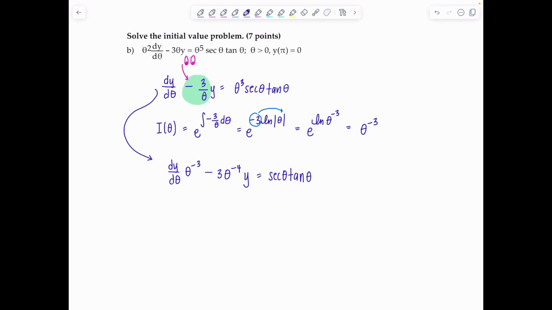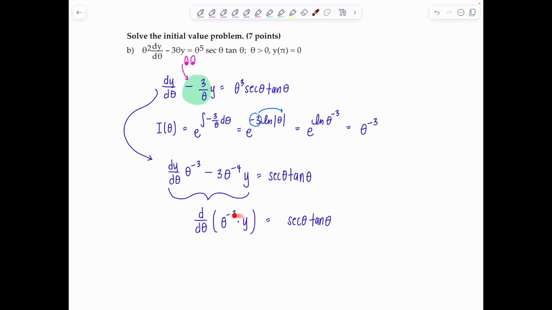Okay, as long as you've gone through the process correctly, the left-hand side should be, always and forever, the derivative with respect to the independent variable of your integrating factor times y. Don't just write that down and take it for granted. I always check, because I've caught some silly mistakes before right at this step.